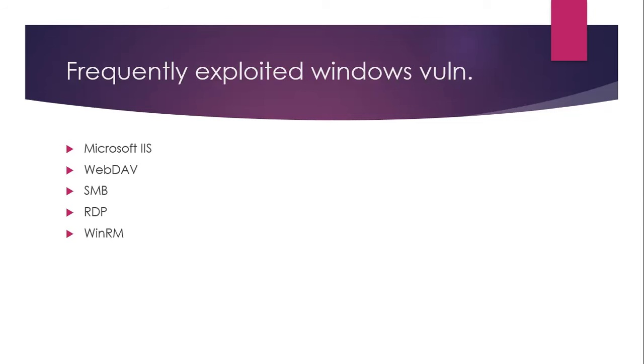This feature, WebDAV, allows the client to delete, manipulate, and edit information and files over the web. And with WebDAV, we'll talk more about it later because we'll proceed to how we can exploit this particular vulnerability on Windows.